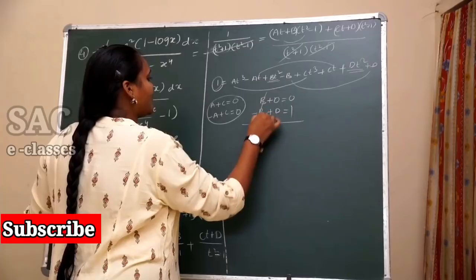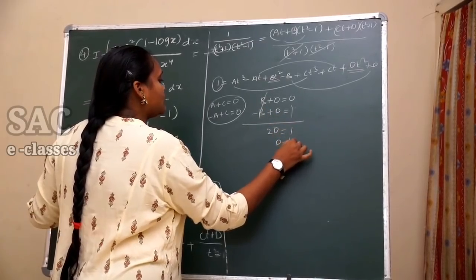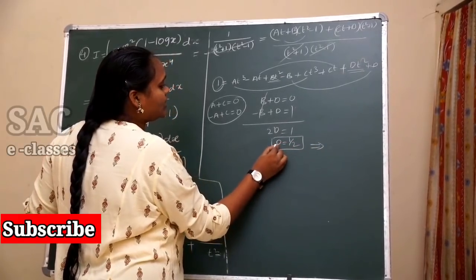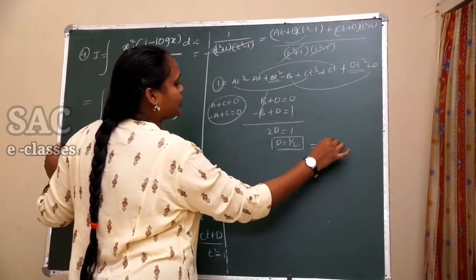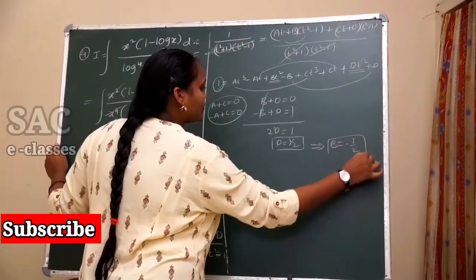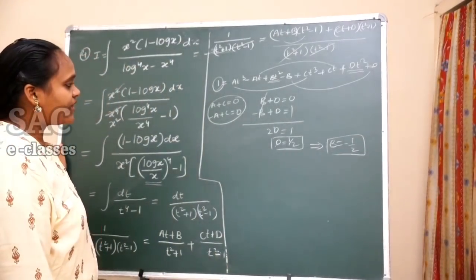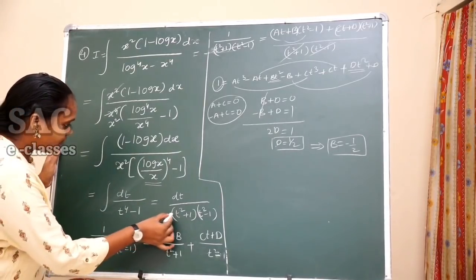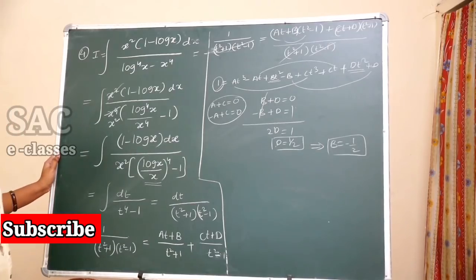Let us simplify. 2d equal to 1 means d value is 1 by 2. By substituting this d value equal to 1 by 2 in this equation, b plus d equal to 0, you got b value is minus 1 by 2. Very simple thing I have done. At first I have found out the partial fraction of the given t square plus 1 into t square minus 1.